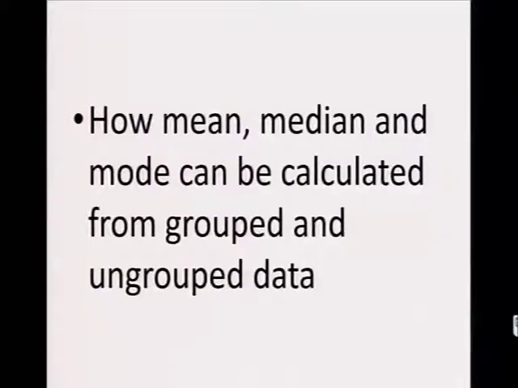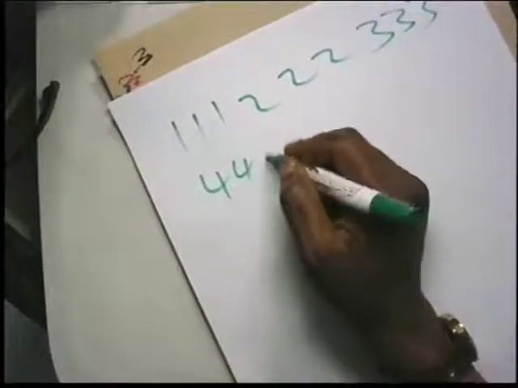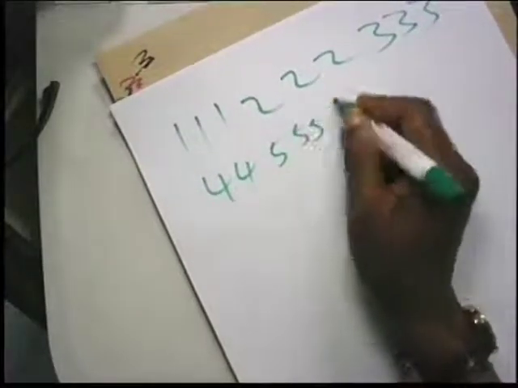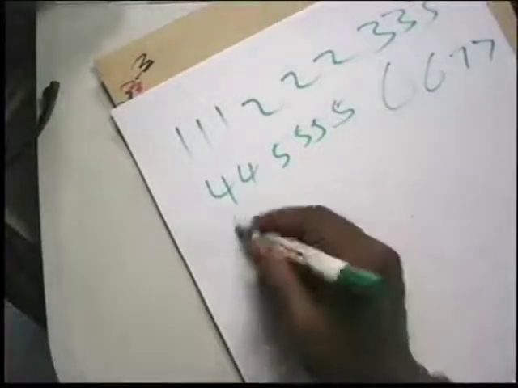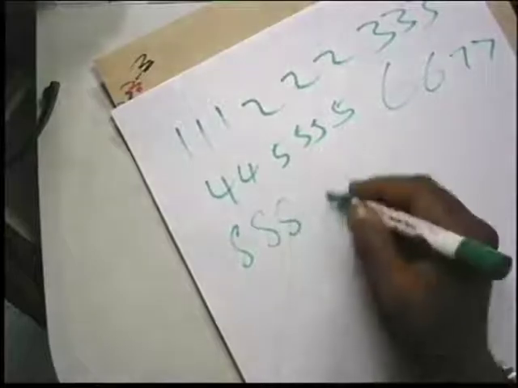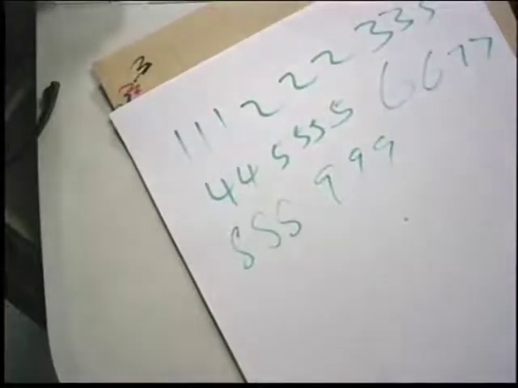When we say ungrouped, it is something like this: 1, 1, 1, 2, 2, 2, 3, 3, 3, 4, 4, 5, 5, 5, 5, 6, 6, 7, 7, 8, 8, 8, 9, 9, 9, and so on.